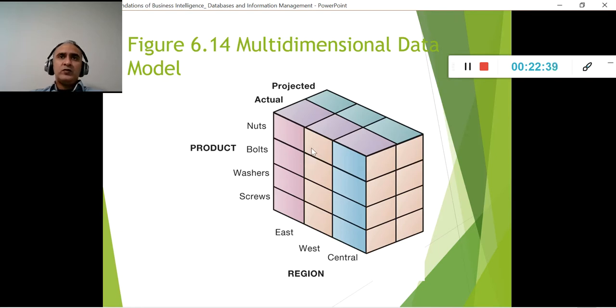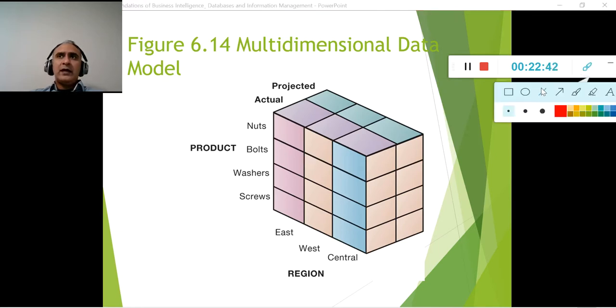So when we're looking at this data, we're looking at just the washers, in the West, and the actual performance. If we wanted, maybe we can look at the projected one. So in the end, I'm going to use this block of information to get the information that I need.